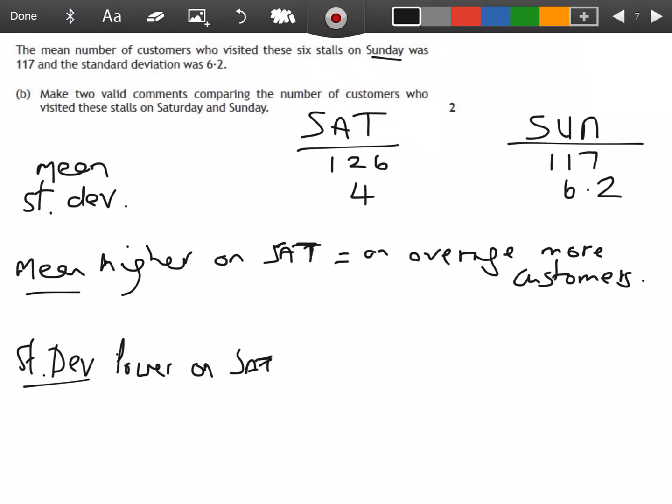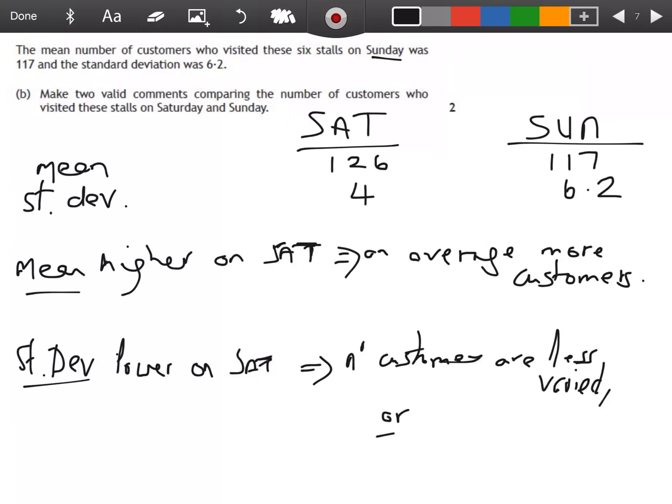What that really means is the numbers of customers are less varied, less spread out, or more consistent. It doesn't really matter which way you put it. Okay.